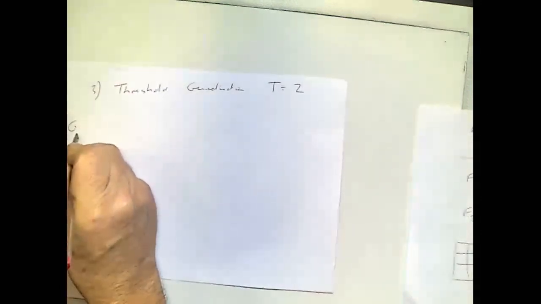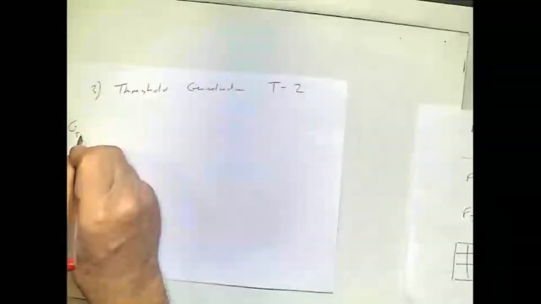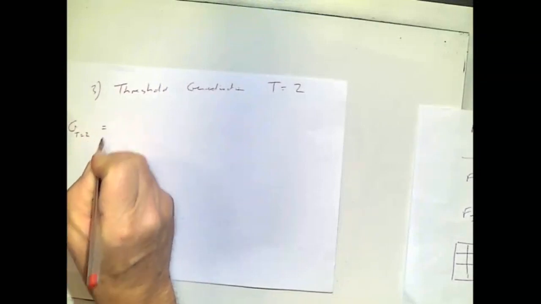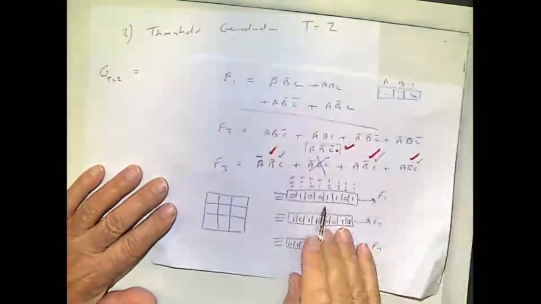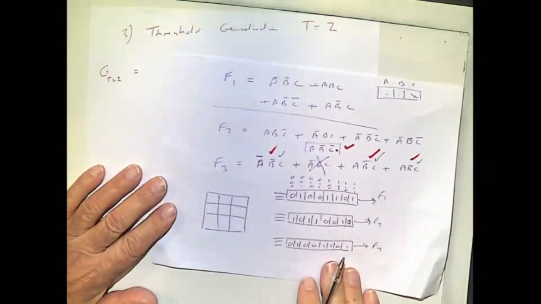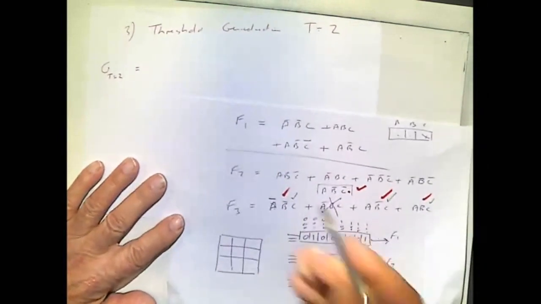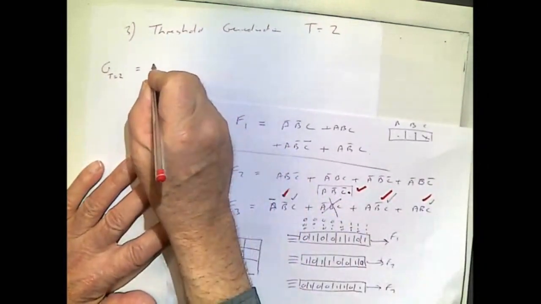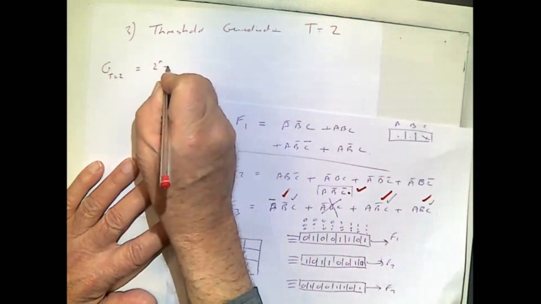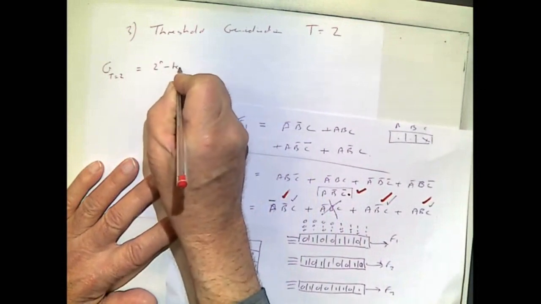G at T equals 2 is going to be the individual product series of getting 011, which will be 2 to the n minus k1.